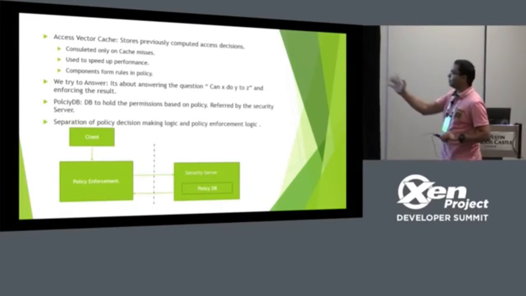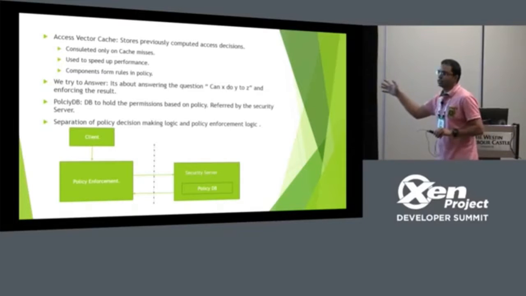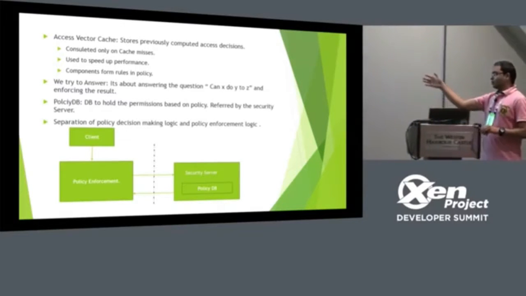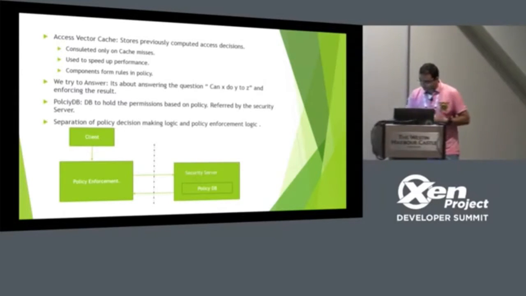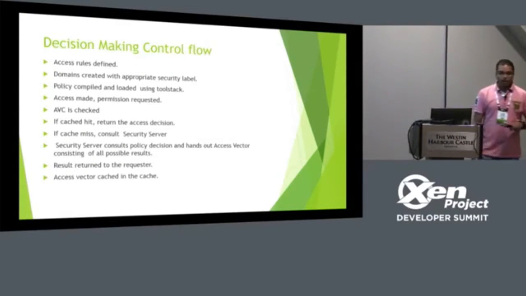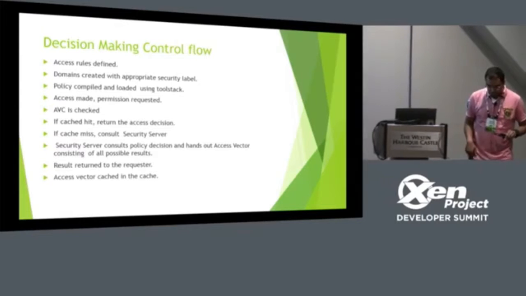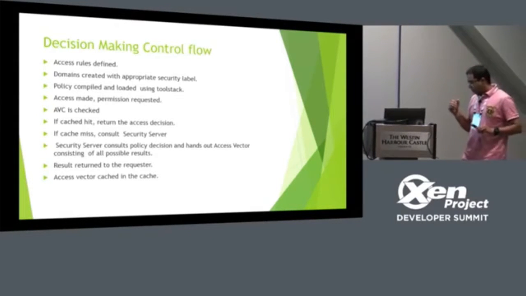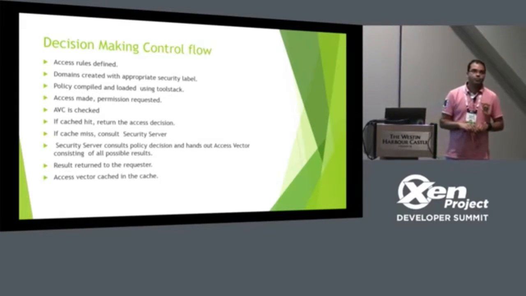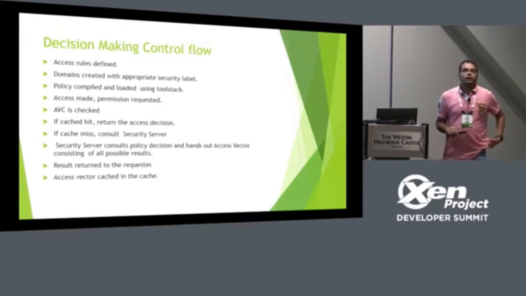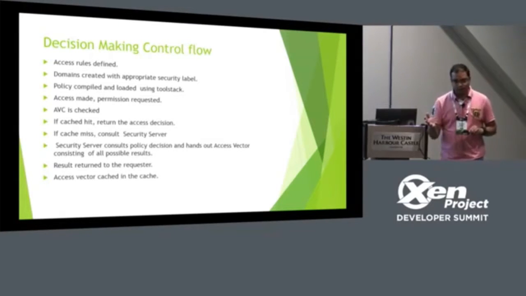This is just a pictorial representation of how this happens. This is a client, then we have policy enforcement logic, and then we have a security server, which uses the policy DB to make its decision. Simple decision-making control flow. Access rules defined in a policy. Domain created with appropriate security label. This is another important point, as I mentioned about security context.